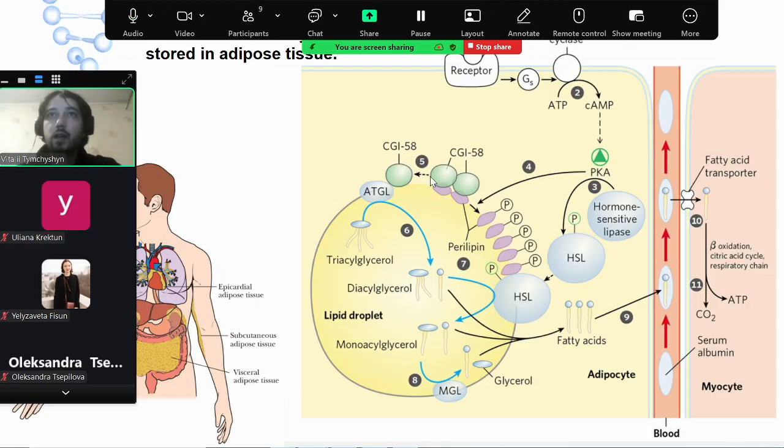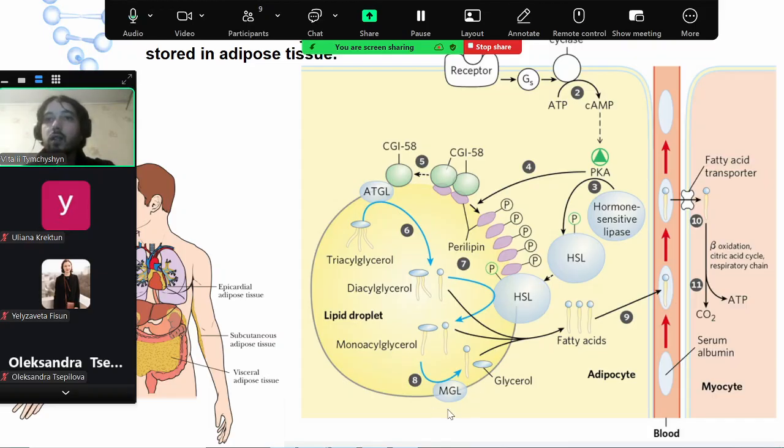So here it is. This CGI58, when released from the perilipin, may activate the ATGL that takes triacylglycerol and transforms that into diacylglycerol and one fatty acid. Here in this lipid droplet you see the HSL that takes these and transforms them into a monoacylglycerol and two fatty acids.